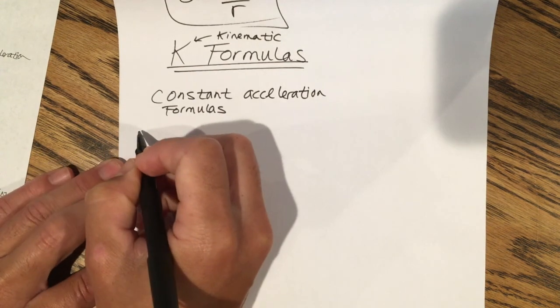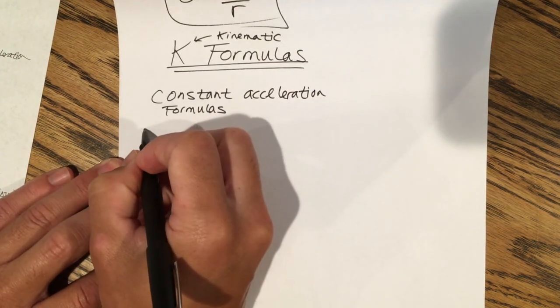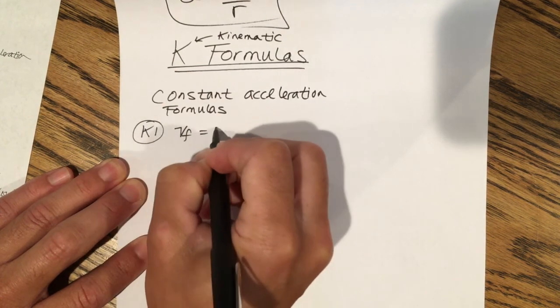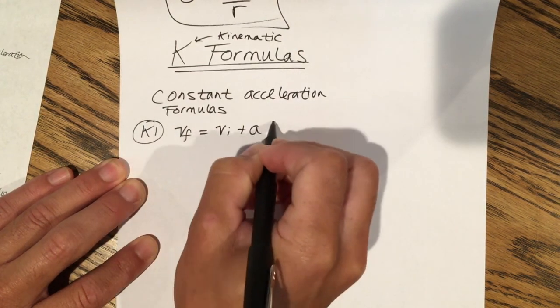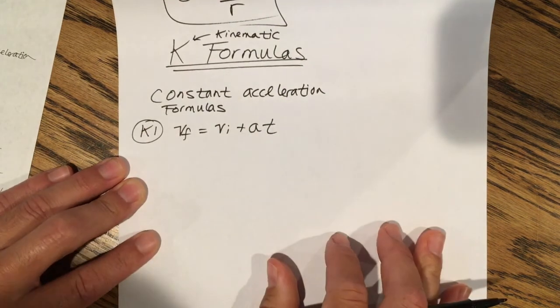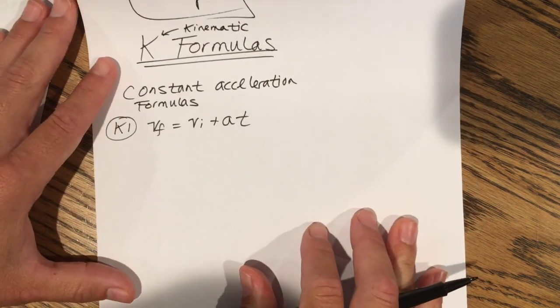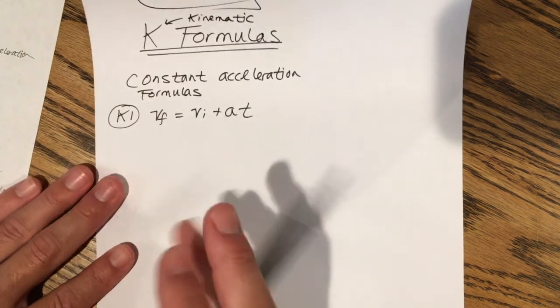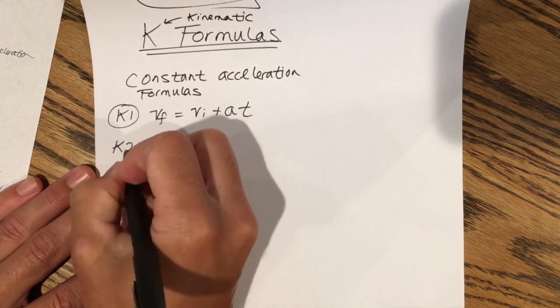So we had things like K1, and where do these come from? They come from calculus, actually. And I'll probably make a video explaining how to derive these with calculus, because I know some of you are taking calculus.